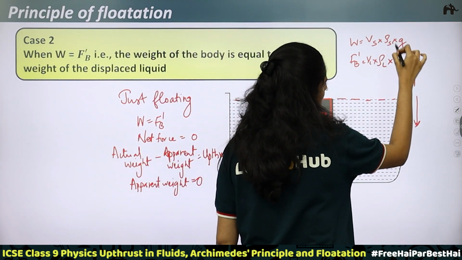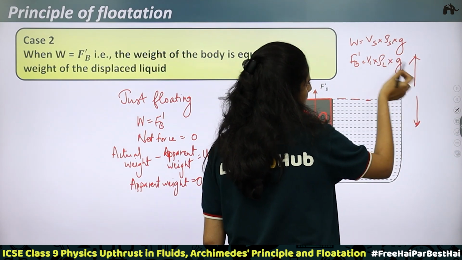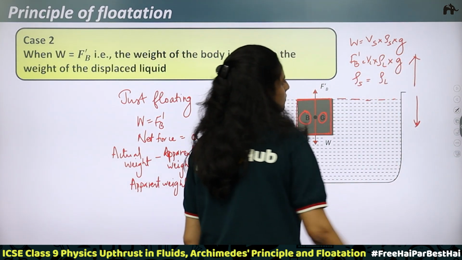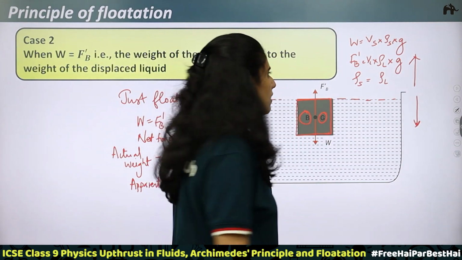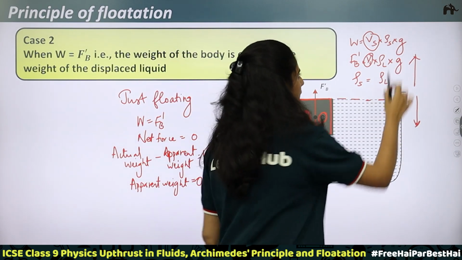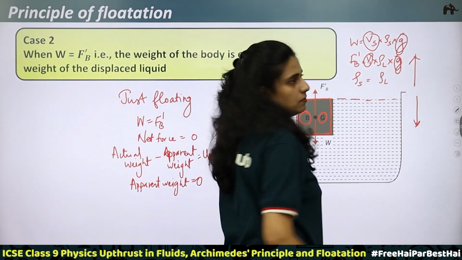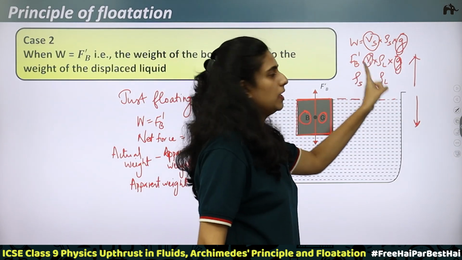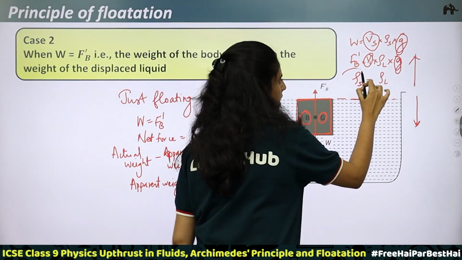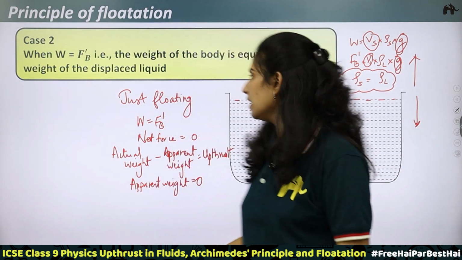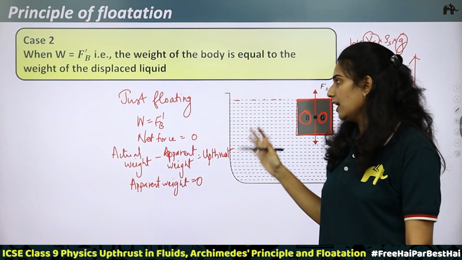So in this case, the density of solid is equal to the density of the liquid, because volume of solid and volume of liquid are the same, and acceleration due to gravity is the same. If W is equal to FB dash, then rho s will be equal to rho l. So the densities of the solid and the liquid will be equal.